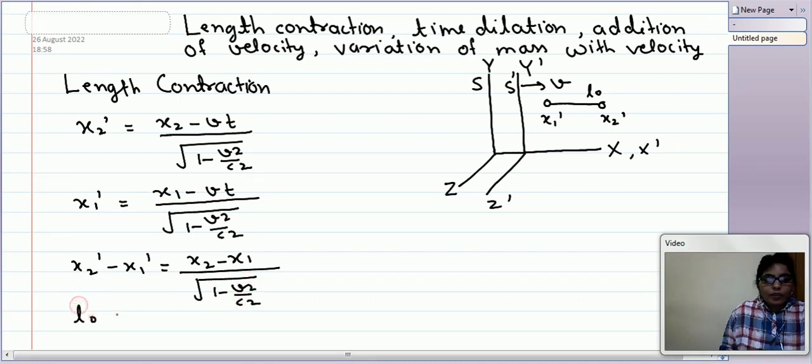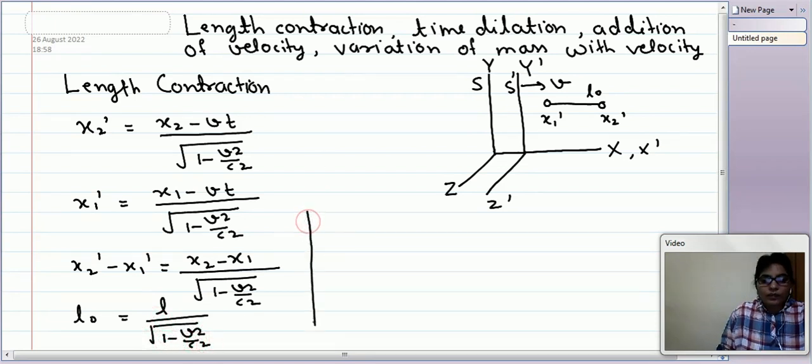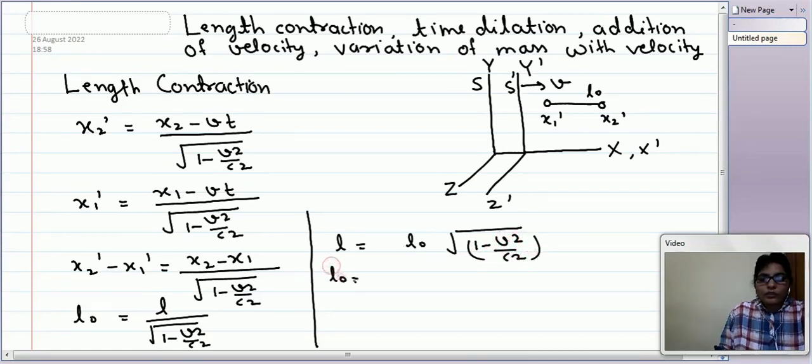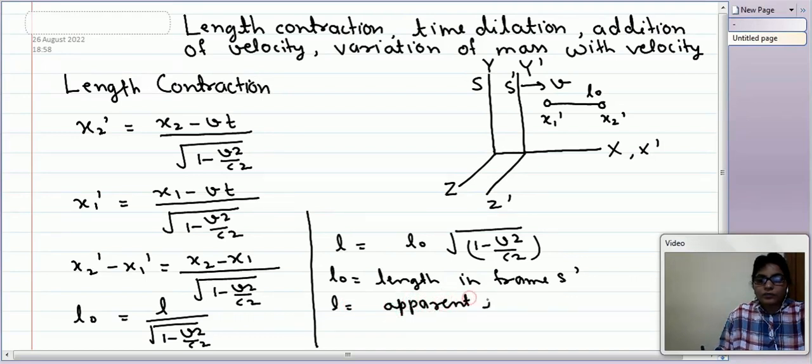So this length L0 is equal to L upon under root 1 minus v square by c square. So L is equal to L0 under root 1 minus v square by c square. Here L0 is the length in frame S dash, and L is the apparent length in frame S.